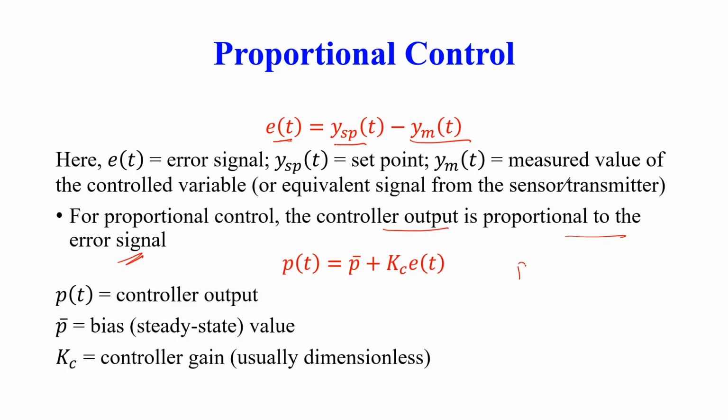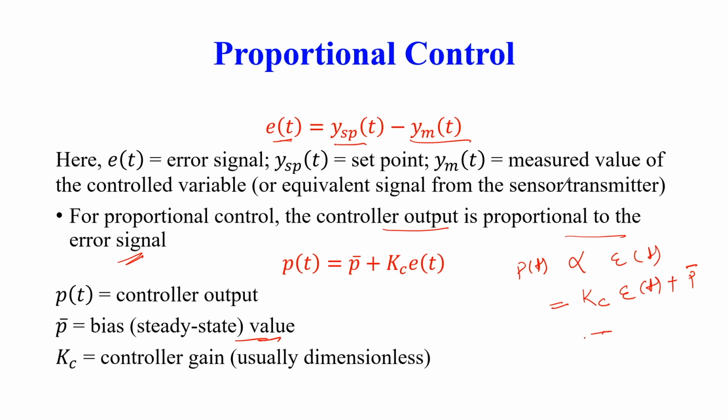So, it says P(t), which is the controller output, is proportional to the error signal E(t), and the proportionality constant is Kc, so it becomes Kc times E(t), plus there is a steady state value, or we can say the bias value. What is the value of P at steady state?